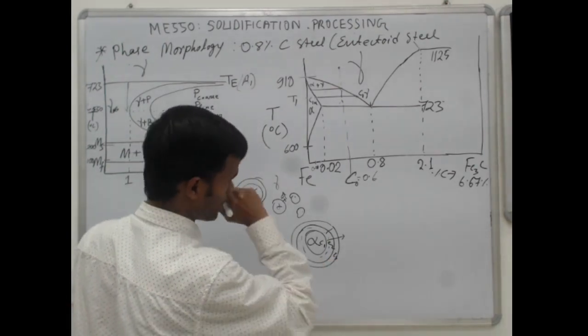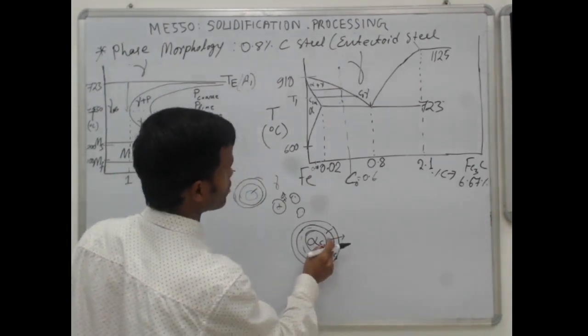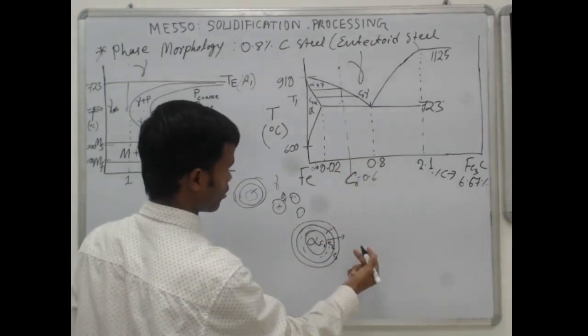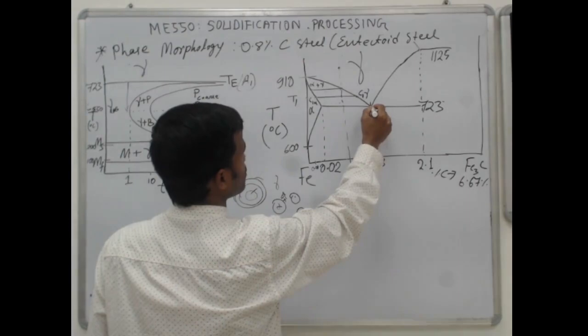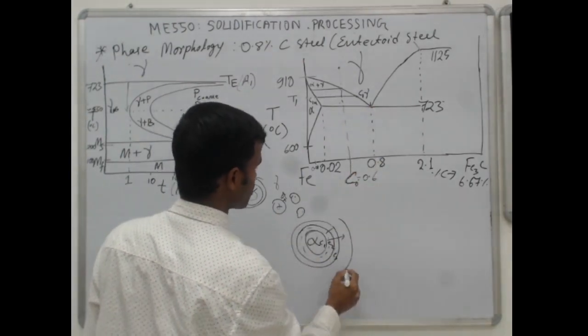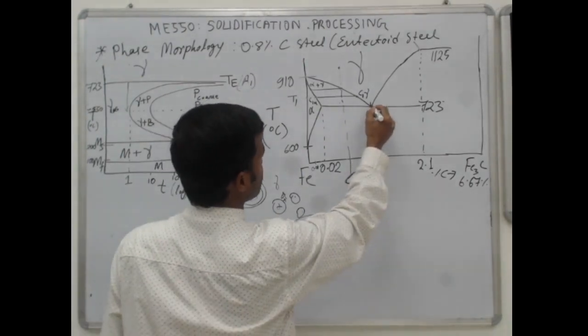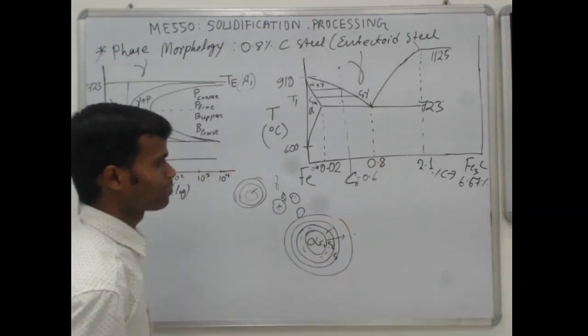Continuously it will increase. As a result, as carbon is rejected into the gamma, the percentage of carbon in gamma keeps increasing, and it reaches a maximum at the eutectoid composition of 0.8%.